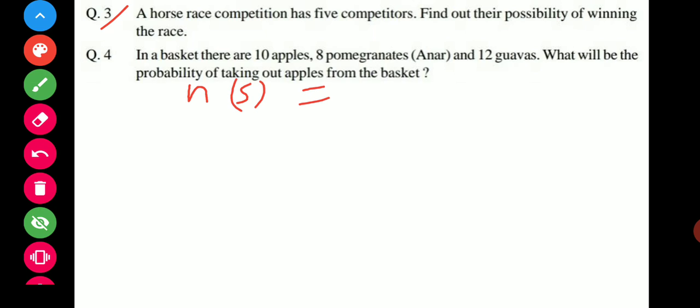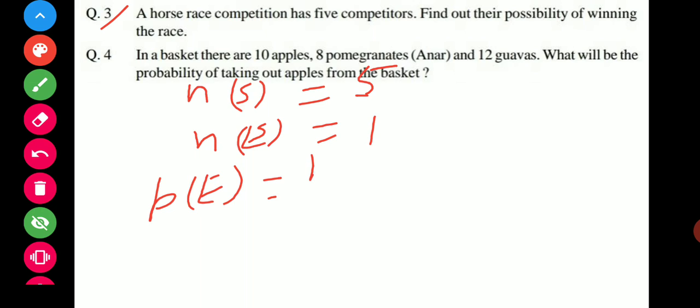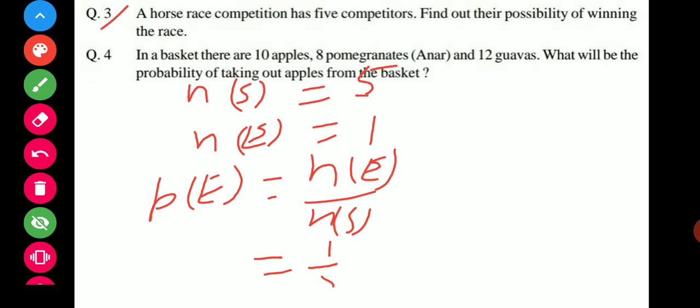It is 5. And out of 5, as you know, only 1 is the winner. So your number of happening events, that is the NE, is 1. So probability is equal to NE upon NS. NE is 1 and NS is 5. So 1 upon 5 is your answer.